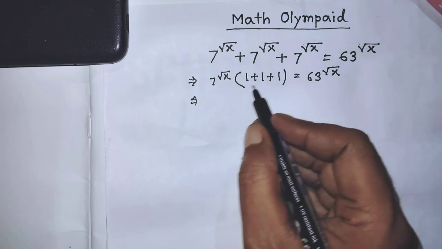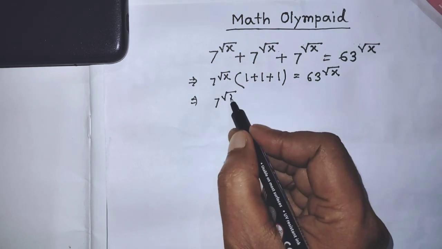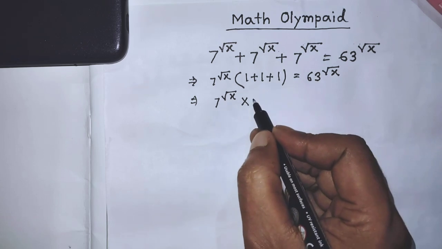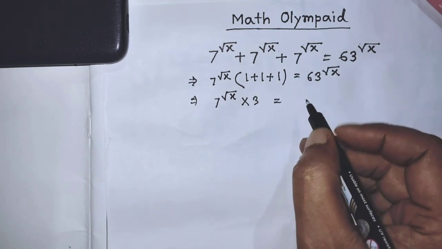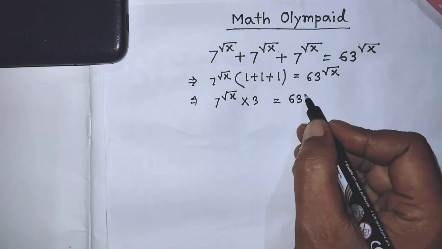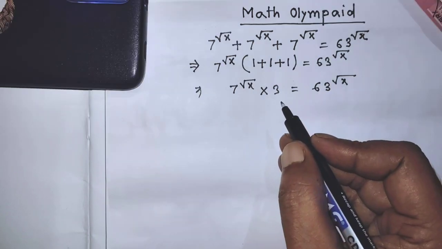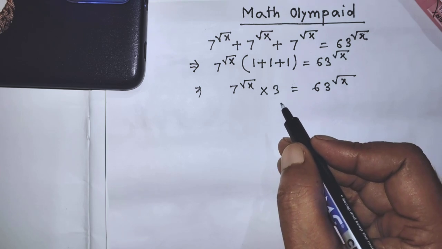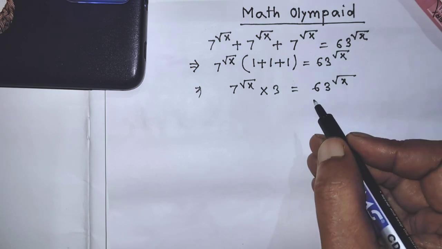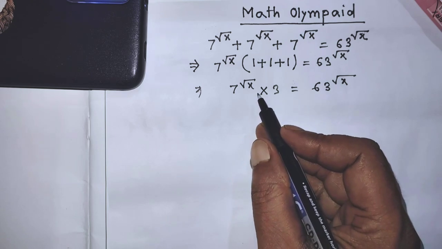After that it will be 7 to the power square root of x times 3 is equal to, on the right hand side again we have to write 63 whole to the power square root of x. So guys, after that we have to divide the left hand side and right hand side of this equation by 7 to the power square root of x.